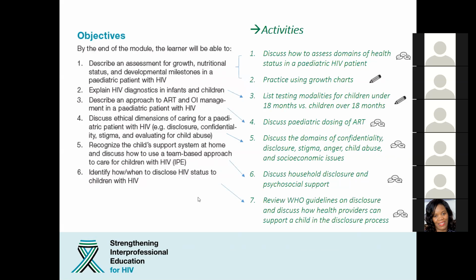And I think the last activity, which I've mentioned briefly, is the issue of disclosure: how health providers can support a child, and support parents in disclosing an HIV status. In this case of a 26-month-old, this isn't as much of an issue for the child as it is for the parents within the family itself, within the extended family or neighbors.